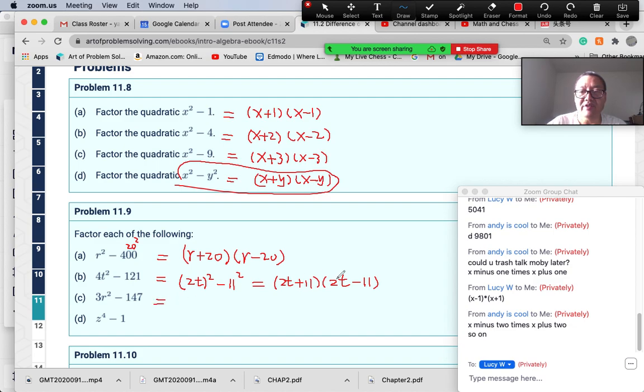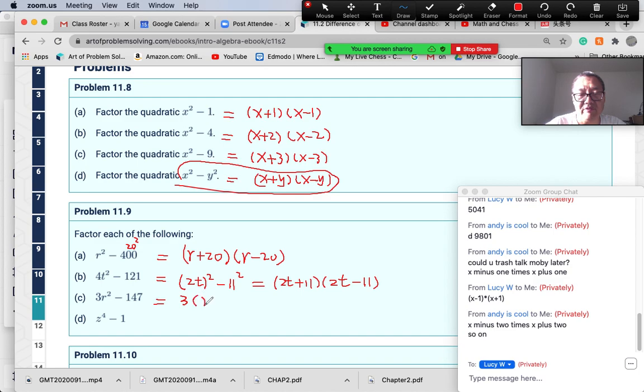Now, next one. How can we do this? Can everybody try to solve this problem? This one, first you need to think if you can take a factor out. Looks like we can take factor 3 out, because for this second number, the sum of digits equals 12, so this number is divisible by 3.